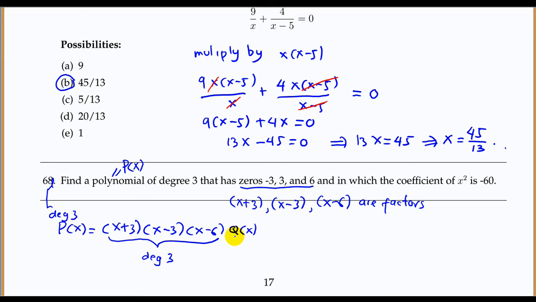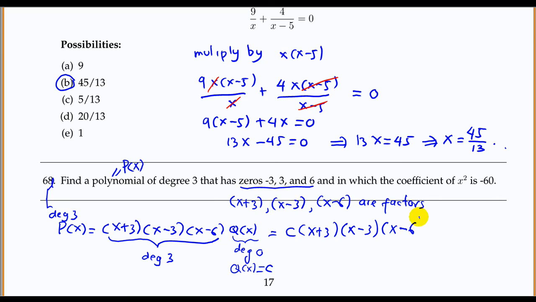So the degree of q is 0, which means that q of x is a constant, say c. So therefore our polynomial is of the form c times (x plus 3)(x minus 3)(x minus 6).